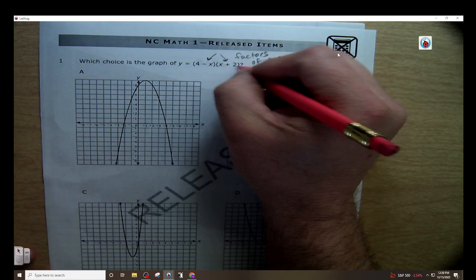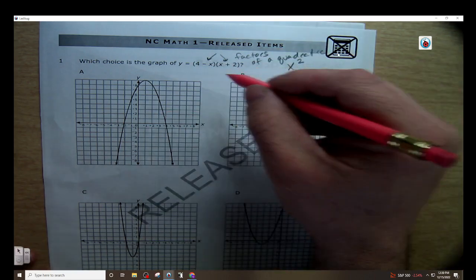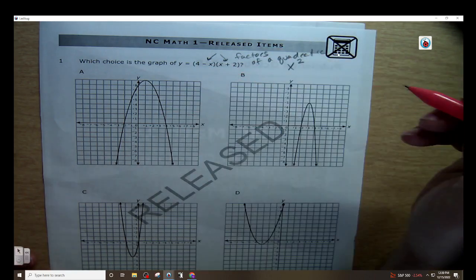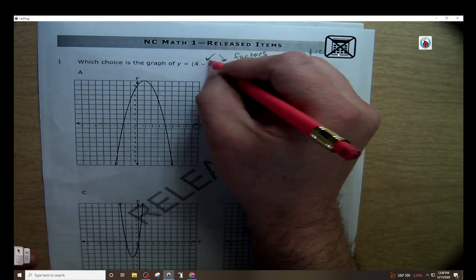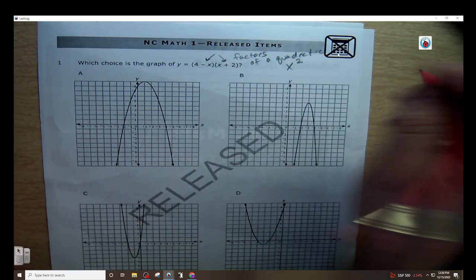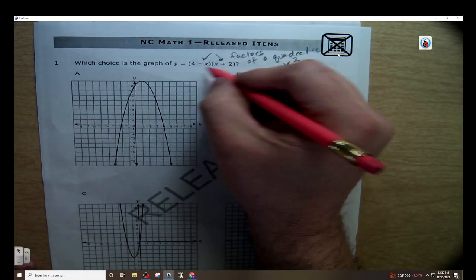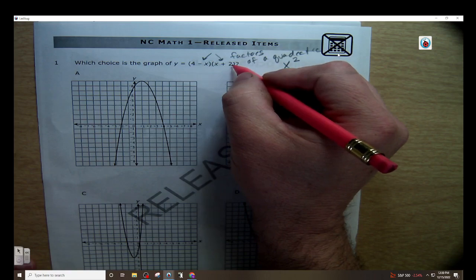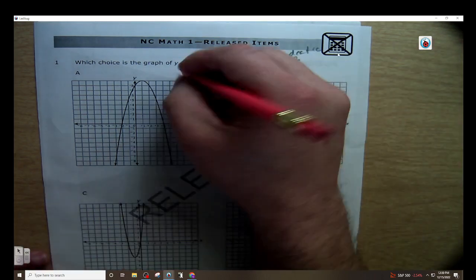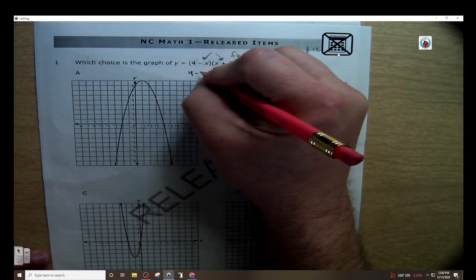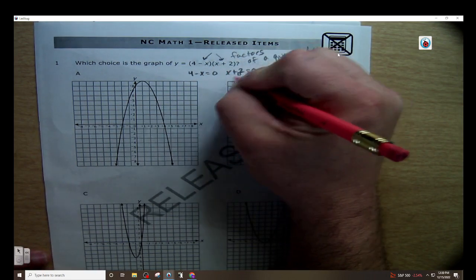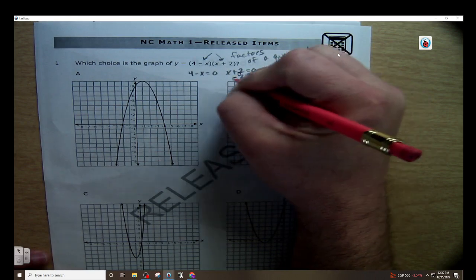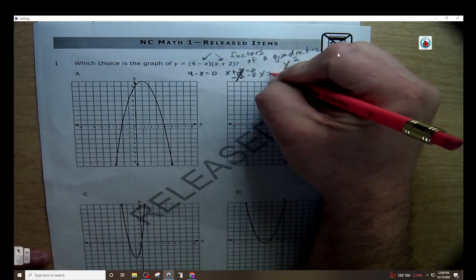Now when you factor one like this, to get its x-intercepts, you set the factors equal to 0. So this has already been factored for you. It really doesn't matter what the quadratic is, but this has already been factored for you. Now if you set this equal to 0, and then I get my x term by itself, that cancels out.